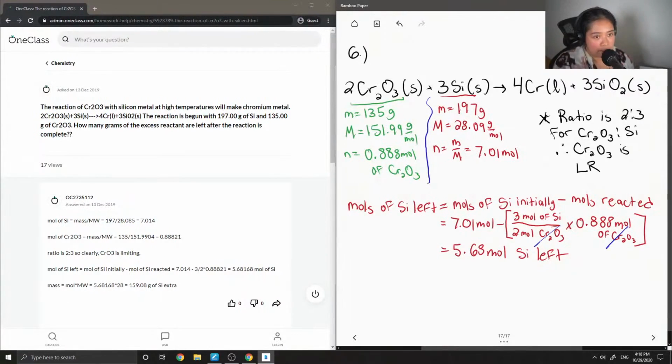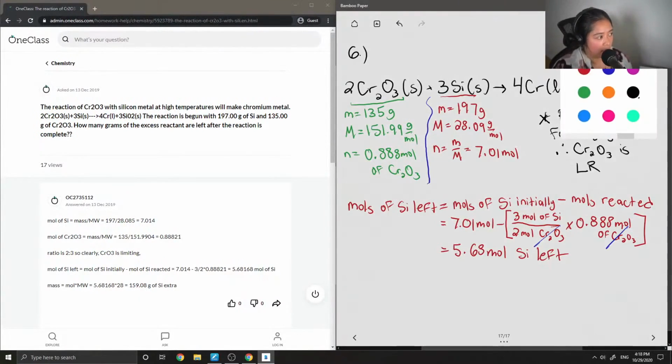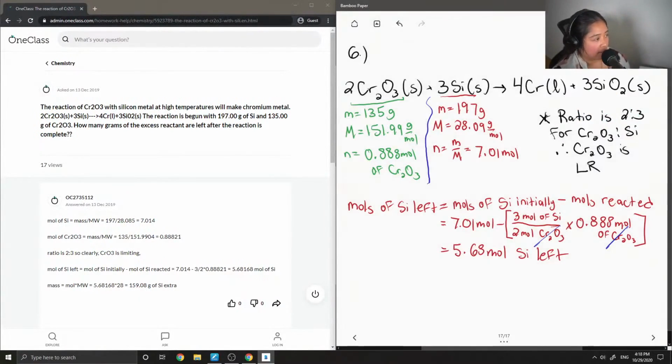So now the question is asking how many grams of excess reactant are left. So part 2 of this question is just finding the mass. All you're going to do is multiply the number of moles times the molar mass.